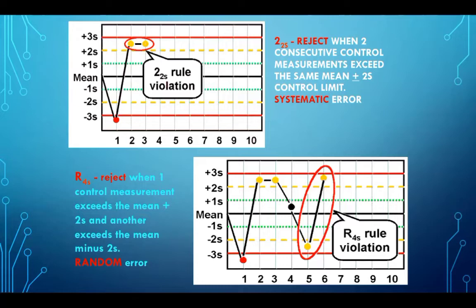Suppose in another situation, one value was on the lower side of 2 standard deviation, and the next day the value is on the higher side of 2 standard deviation. Suppose both are within acceptable limit, but it is showing variation of almost 4 standard deviation.